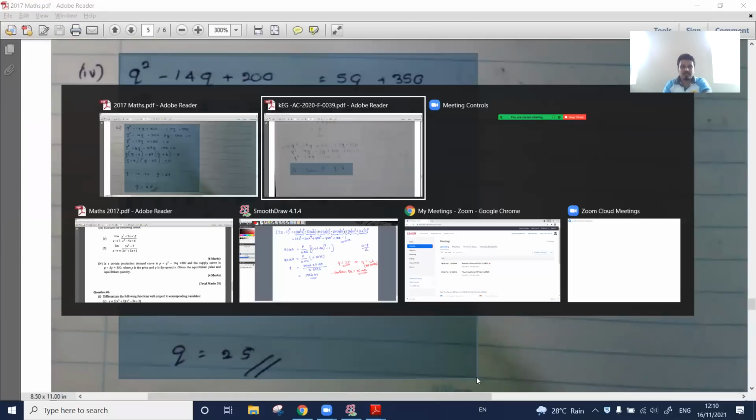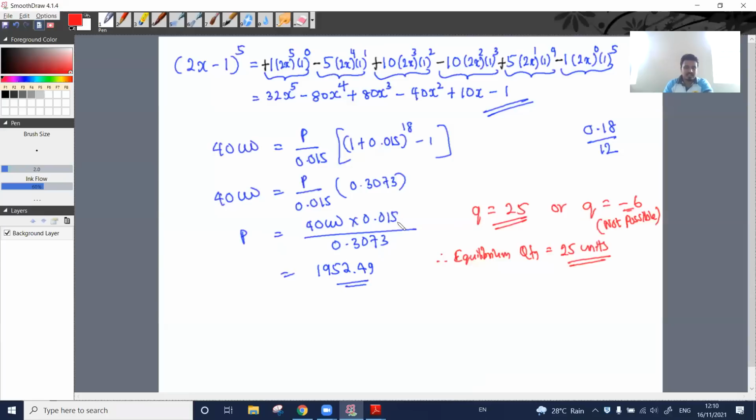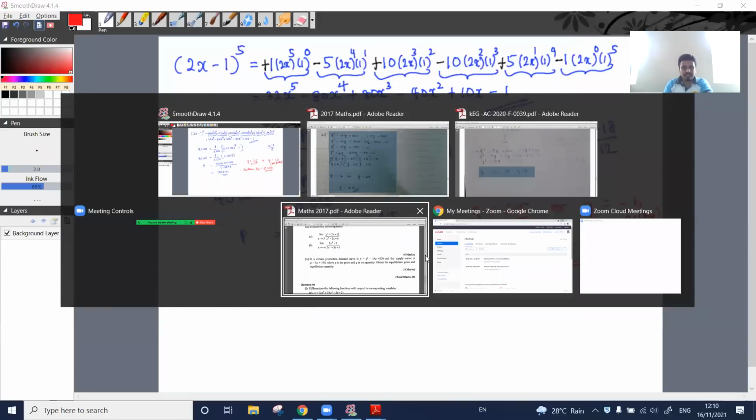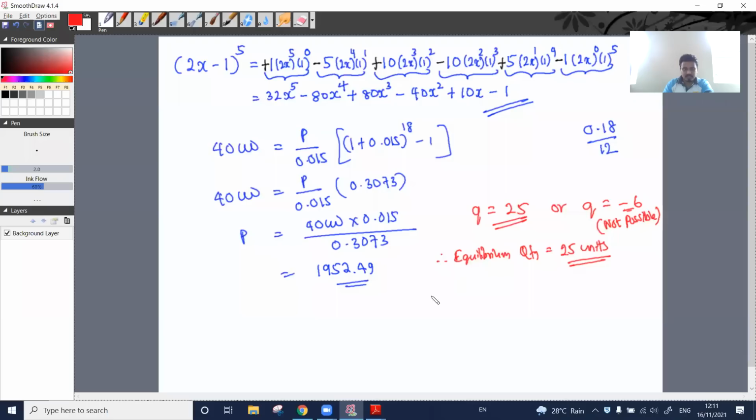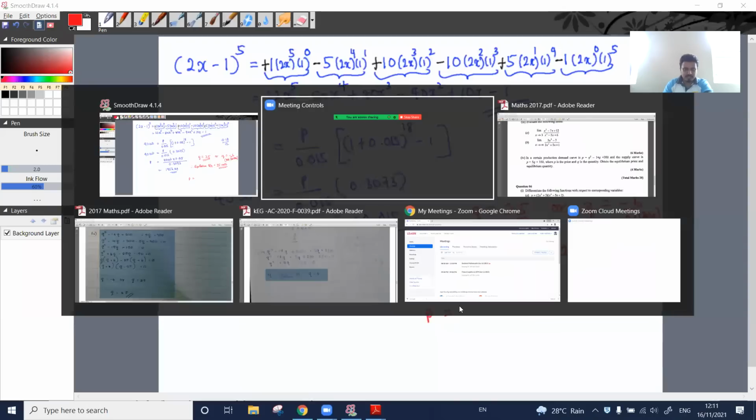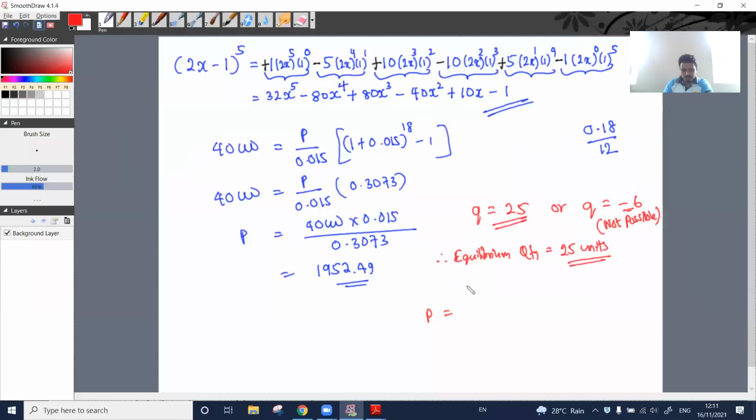You need to get the equilibrium price as well. What should be the equilibrium price then? 475 rupees. Taking it like this, P equals 5Q plus 350. Instead of Q, I am going to substitute 25.